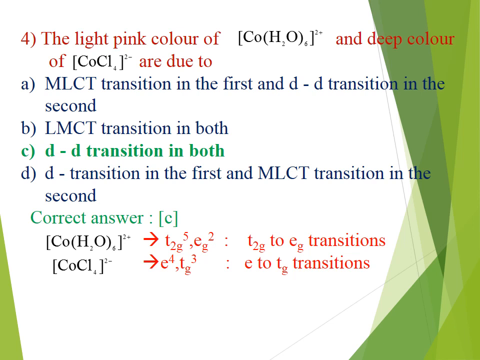Here the expected transition is t2g to eg transition. In [CoCl4]2-, it is a tetrahedral configuration, and the electronic configuration is e4 t2g3. Therefore, the expected transition is e to t2g transition. For this question number 4, the correct option is C. In both complexes, d-d transitions are possible.